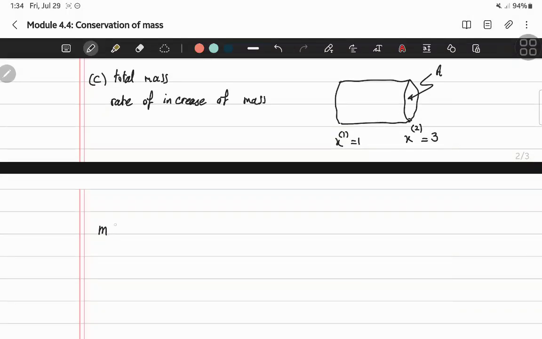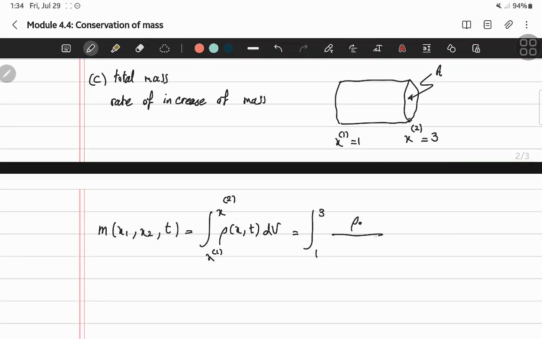So the total mass of the control volume, we already said that m is a function of x1 and x2, both small, and t, is the integral of rho(x, t) dV from x1 to x2. So we have x1 and x2 from 1 to 3. Then we have rho 0 divided by 1 plus alpha t, which is our rho.